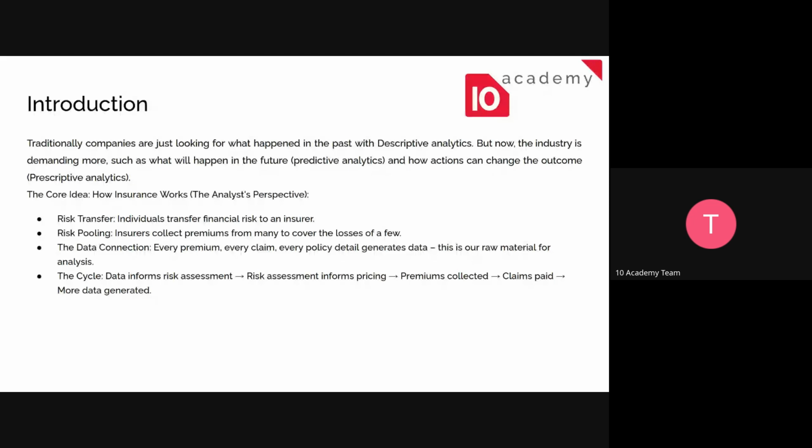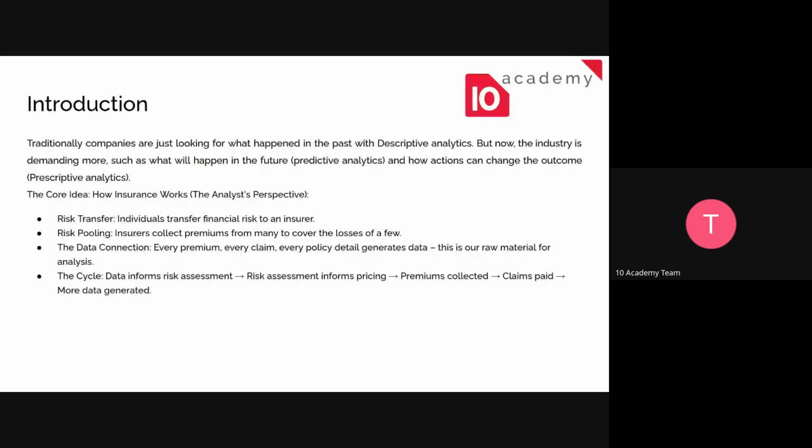Then with risk pooling, the insurers collect premiums from every customer and use this budget to cover the loss of a few, since not everyone is going to face damage.